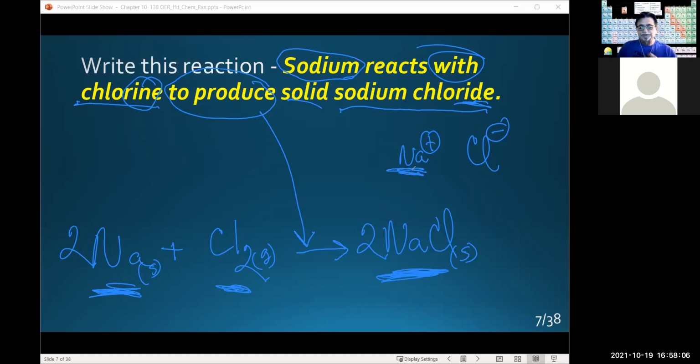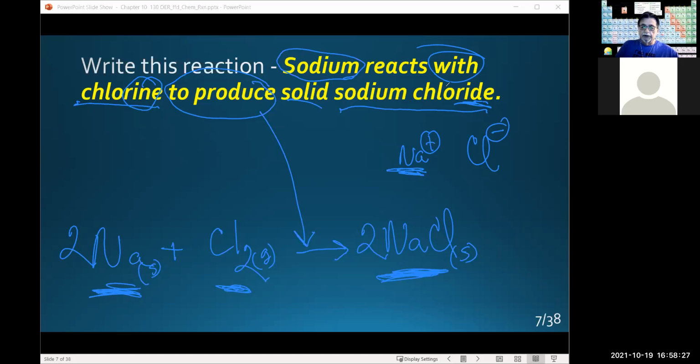Okay. So that's what fascinated me about chemistry in general, that this little crazy electron can have such an effect on the whole compound. Amazing. Anyway, that's my breakdown of the process.